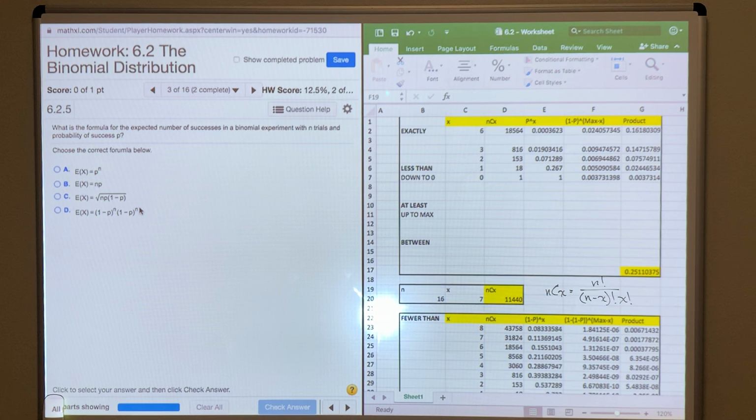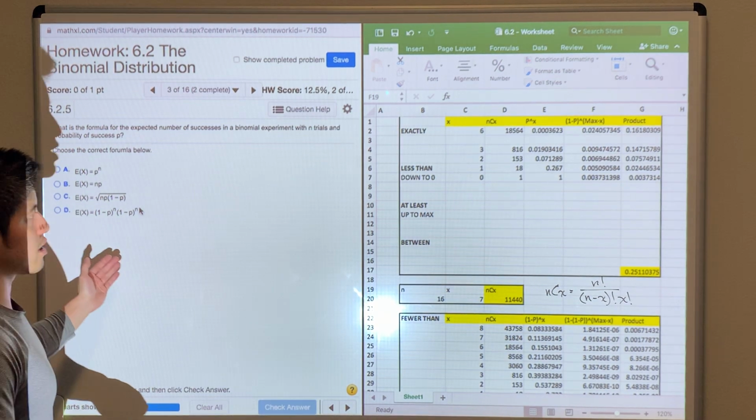All right, number 3, what is the formula for the expected number of successes in a binomial experiment with n trials and probability of success P? So the letter P, of course, is used to denote probability, as we've seen before. So when you see the variable P used in our problem, you see P all through here, and these are answer choices.